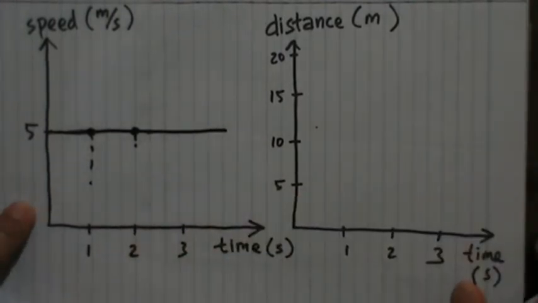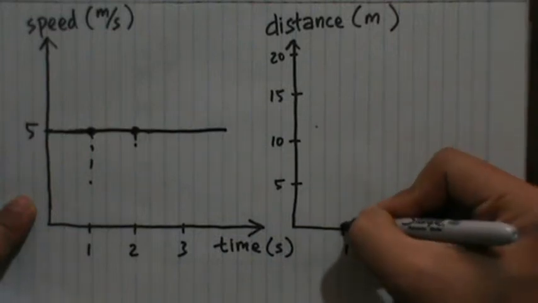And if you remember the distance traveled by car A, the distance traveled every second will be 5 meters.